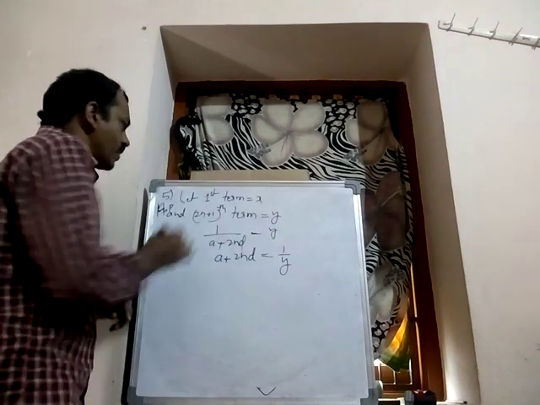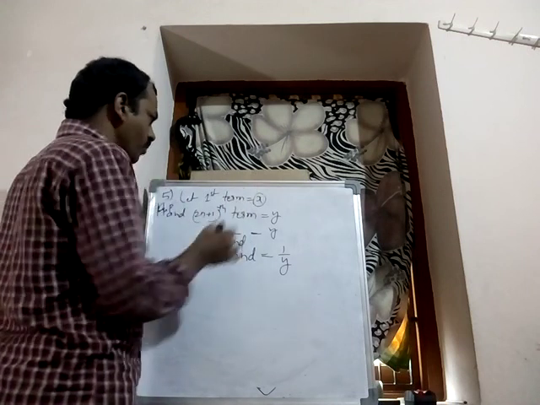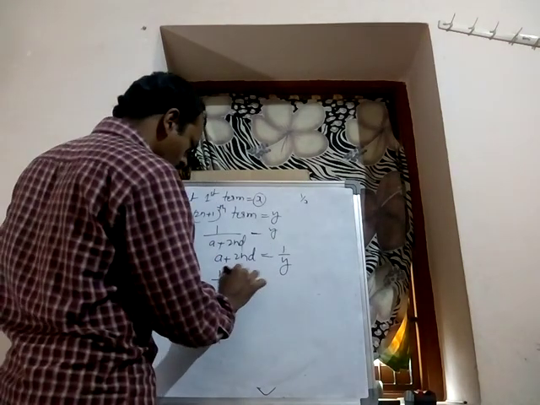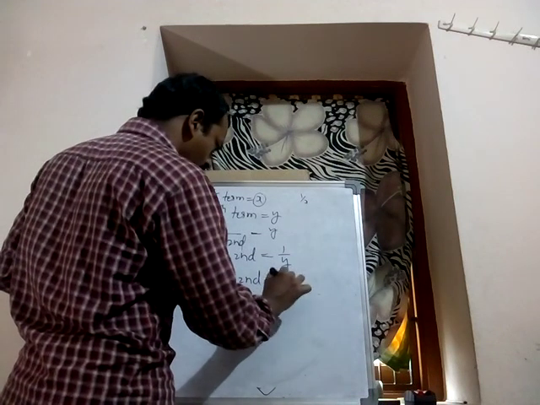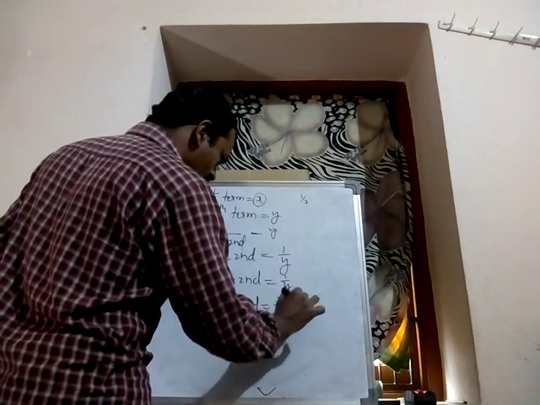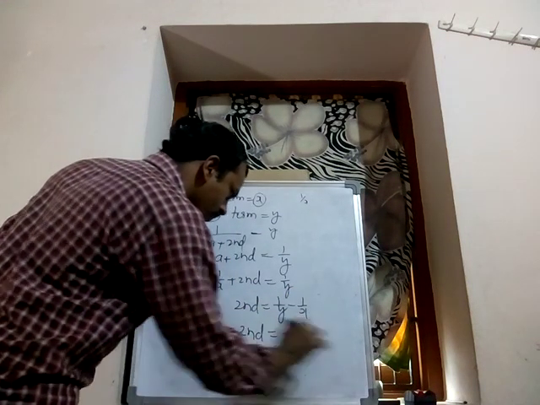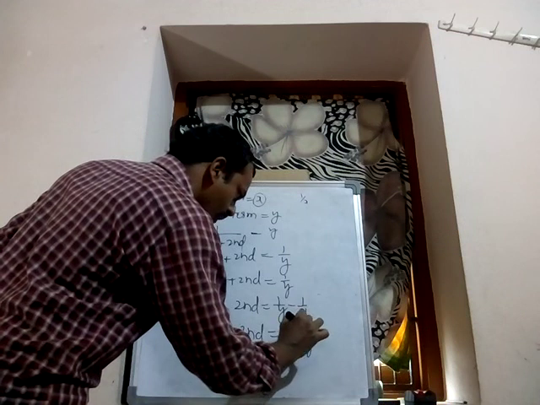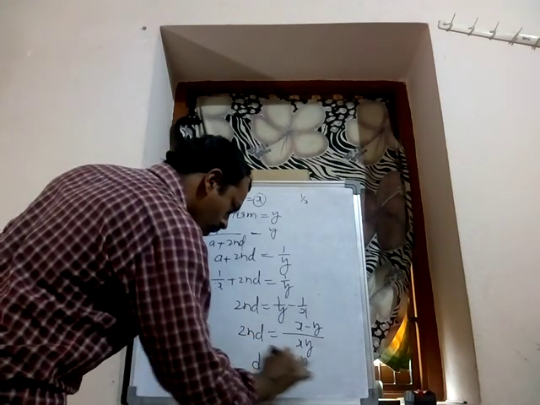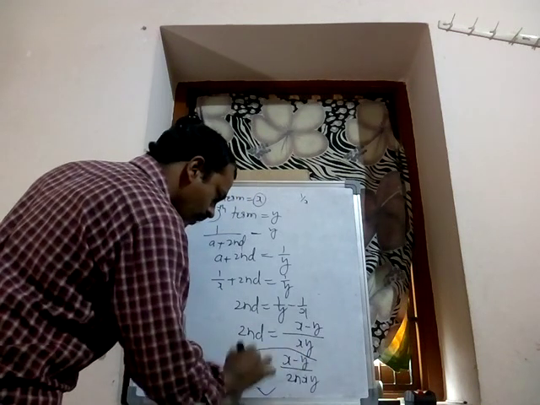So in HP, generally in AP the first term is x, in GP the first term is also x, but in a harmonic progression it becomes 1 by x. So 1 by x plus 2nd is equal to 1 by y. So 2nd is equal to 1 by y minus 1 by x. So 2nd is equal to (x minus y) by xy. So d is equal to (x minus y) by 2n into xy. So this is the d value.